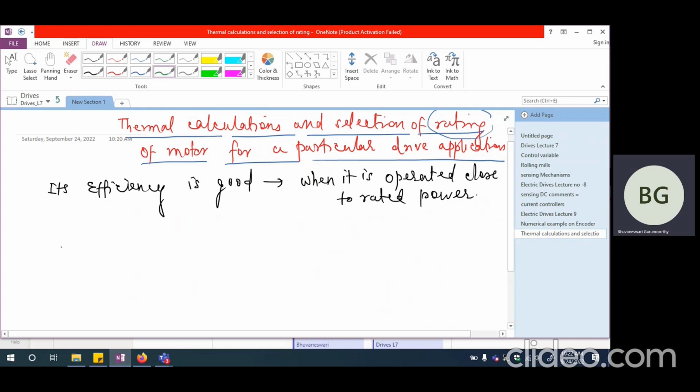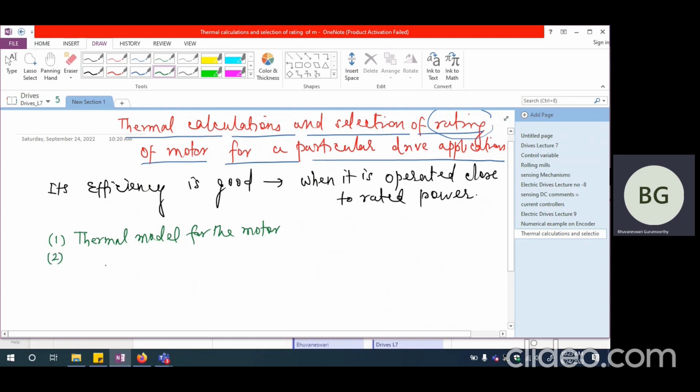So in this particular module, what we are going to really discuss in this lecture, we are going to mainly talk about three things. One is to get the temperature rise of the motor. How do we really get a thermal model for the motor? How are we going to develop a thermal model for the motor? That is the first thing.